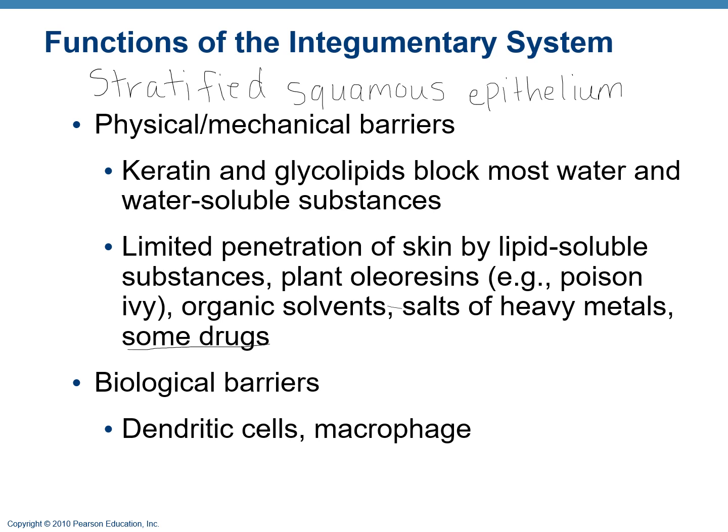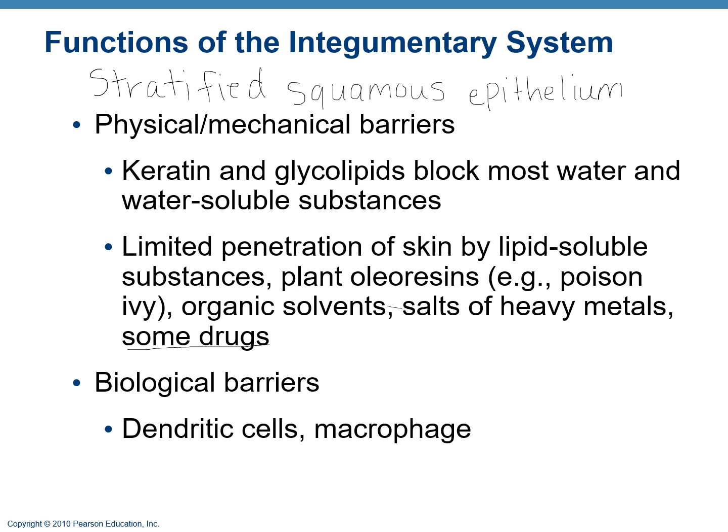And then another function of the integumentary system is the fact that it is a biological barrier. So this means that bacteria, for example, can be deterred by dendritic cells and macrophages.